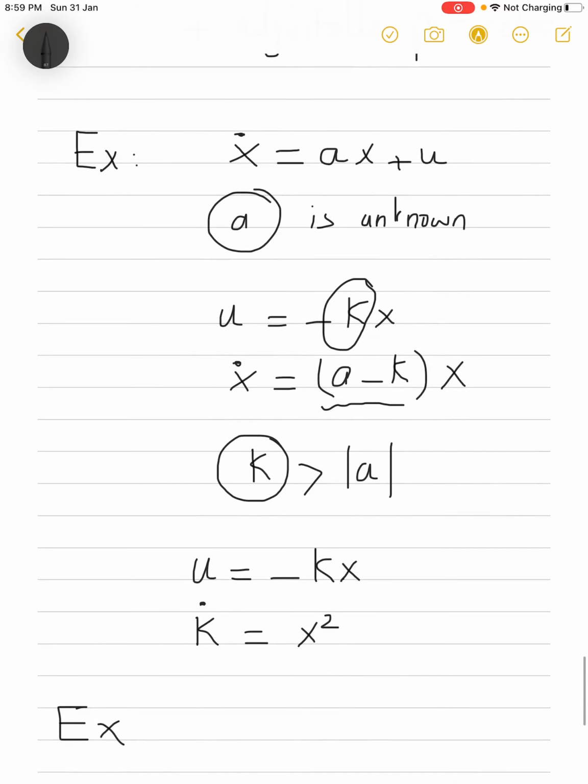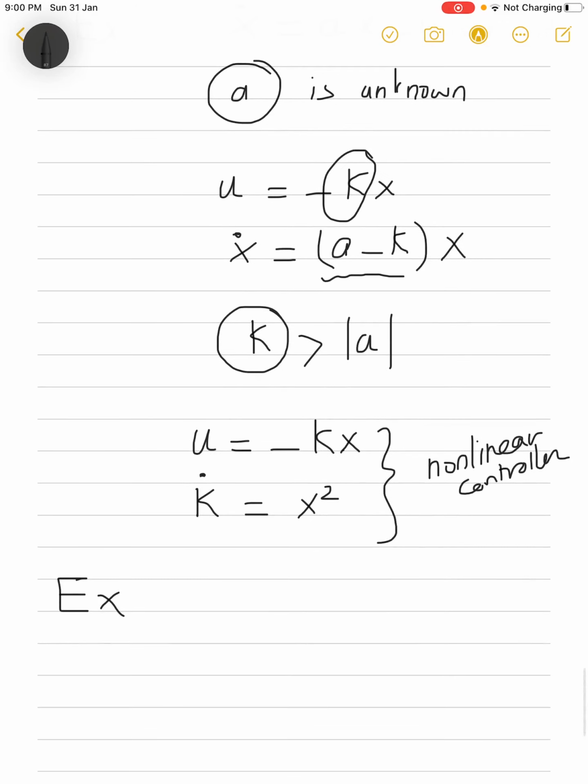First of all, notice that this is a nonlinear controller. Second, of course, we have not derived this relation k dot equals x squared. We will see that when we talk about adaptive control later on. But the point is that this formulation would guarantee the stability of the system irrespective of the value of a. So in this case, the adaptive controller is superior to the linear controller.